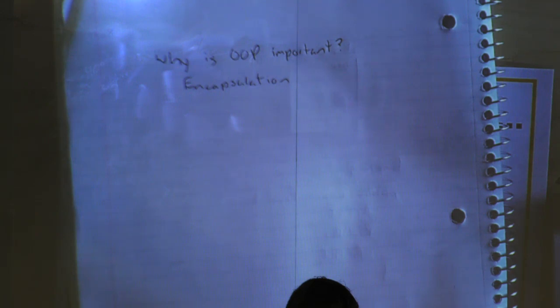So the reason why this is important is you can separate the way the program works at its core from all of the things that it needs to do and make use of to solve its problem.